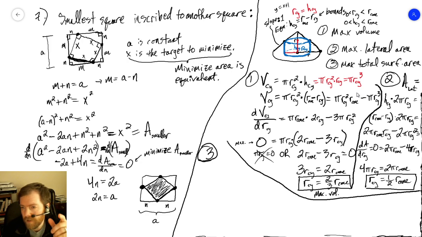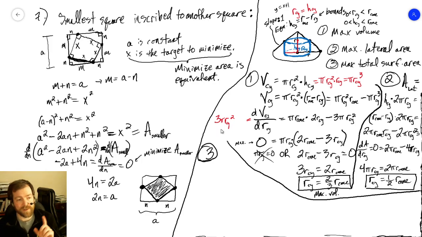So for this particular setup, dV/dr is going to be 3 pi r cylinder squared, which equals 0, which means that the radius has to be 0. Okay, so we're getting the same problem here that we did on the other one, but that's actually good news, I think.